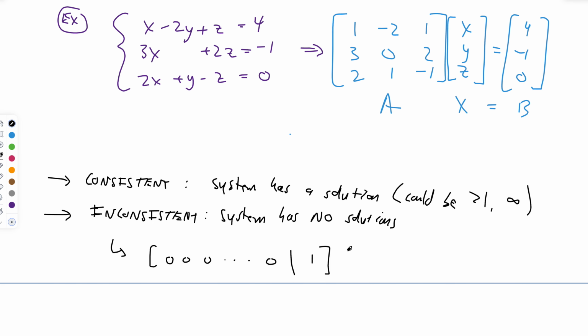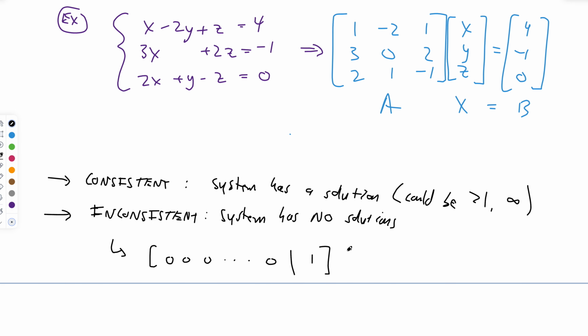In the example, I had a bunch of zeros, and then on the right side, the constant was a 1. This means that no matter what you plug in for X, Y, Z on the left side, there would be no way to get that equal to 1. I put 1, but it could be 5, it could be 3/2, whatever. So if you know that the left side has all zeros and the right side has some number, you would have no solution. That would be inconsistent for your system.